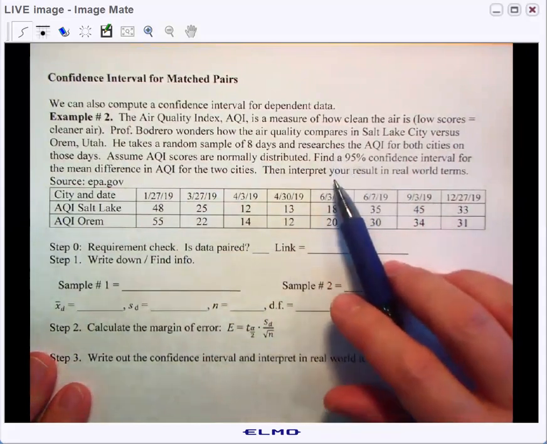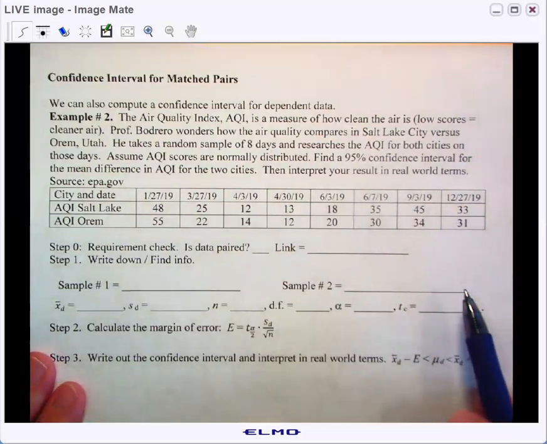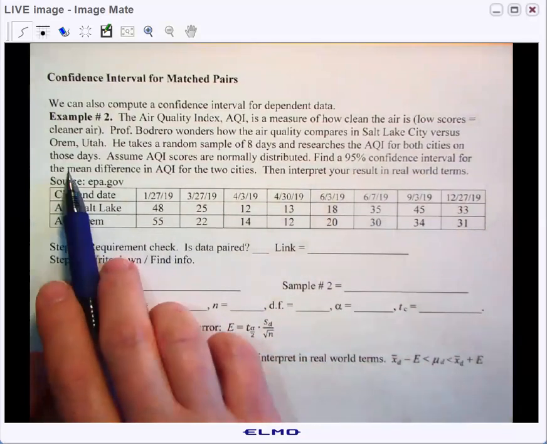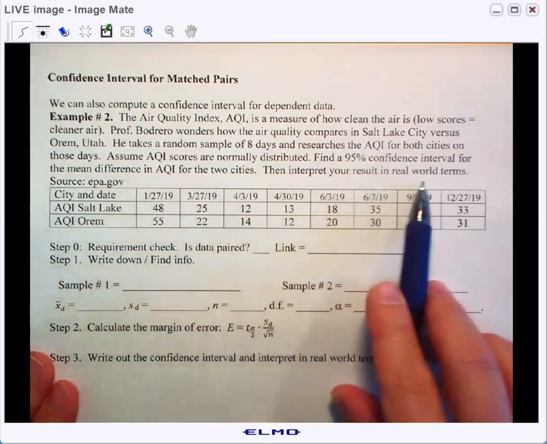The AQI is the air quality index, and the lower the score, the cleaner the air, the higher the score, the more crummy the air is. And people like me with allergies can have issues when the air quality is really bad. So we want to find a 95% confidence interval for the mean difference in air quality for the two cities, and then interpret our results in real world terms.